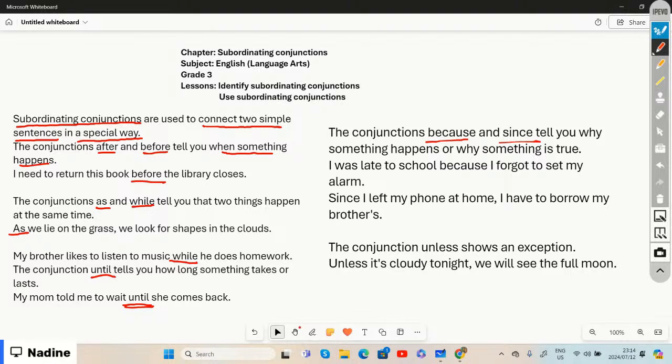We can say that the conjunctions because and since tell you why something happens or why something is true. An example says, I was late to school because I forgot to set up my alarm. Another one says, since I left my phone at home, I have to borrow my brother's.